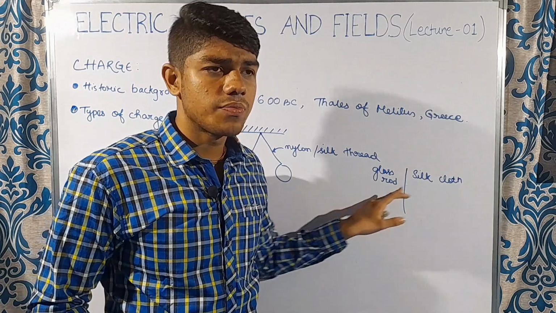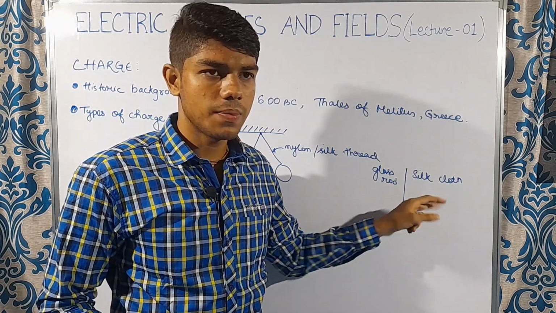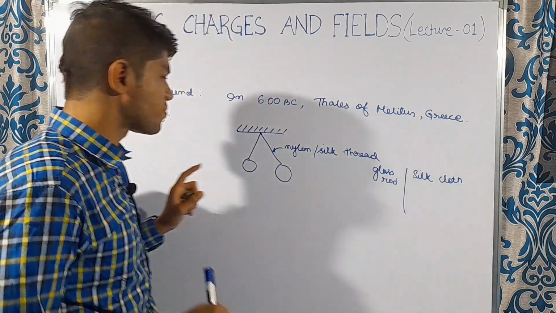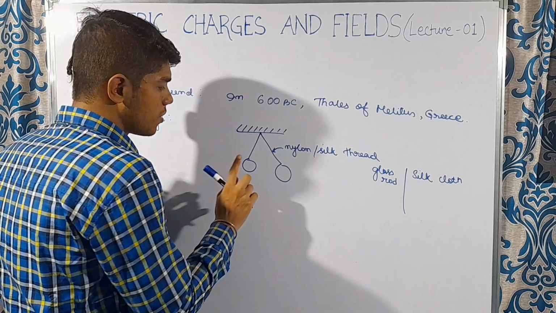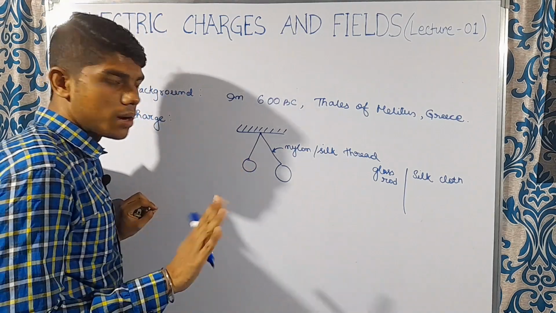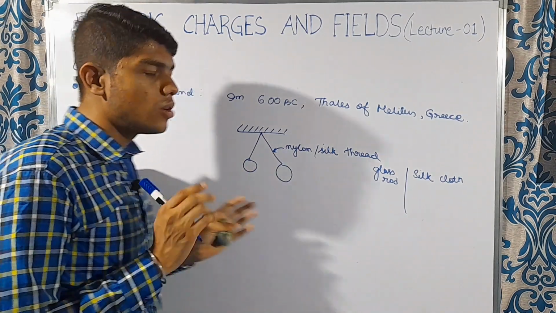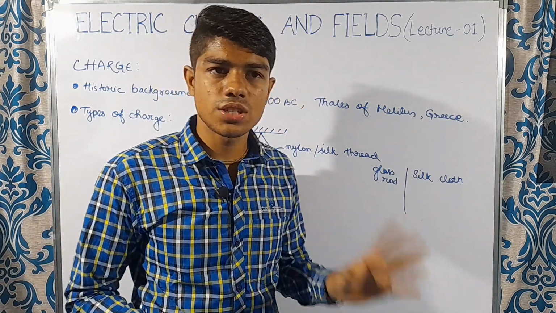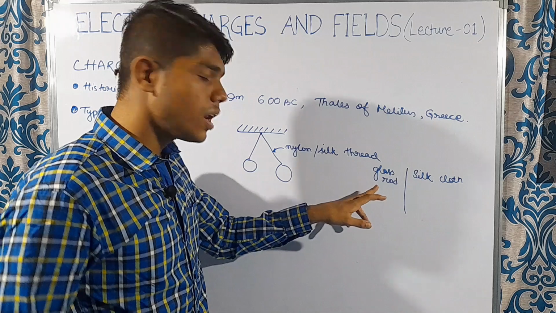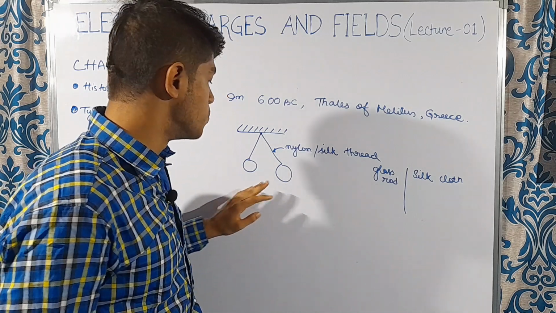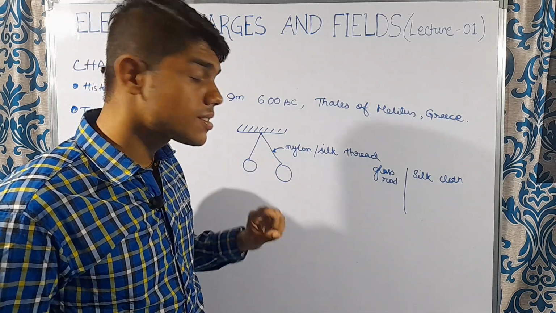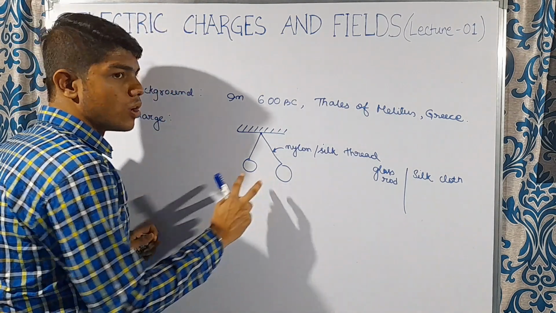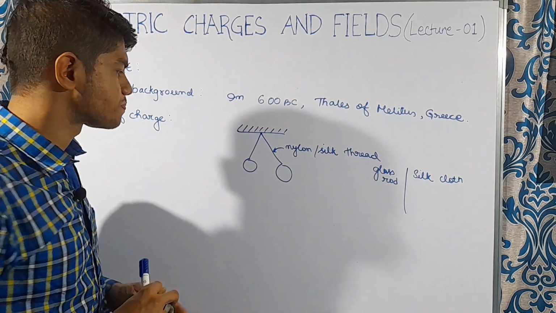Rub the glass rod with the silk cloth, and then touch the rod with both the pith balls one by one. Now when you rub the glass rod with the silk cloth, the glass rod acquires a charge, and then when you touch this glass rod with both the pith balls, the charges get transferred to these balls. Now the two balls have become charged.